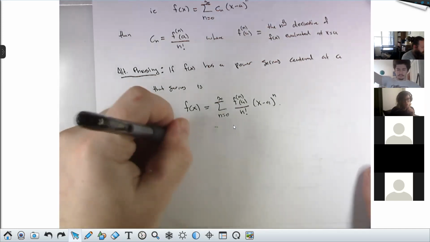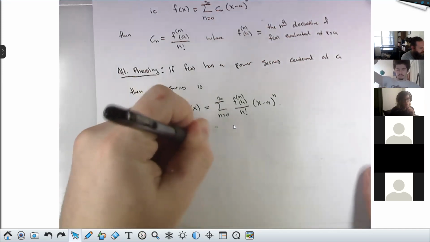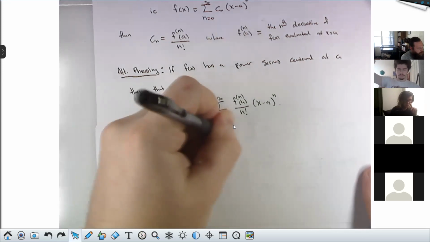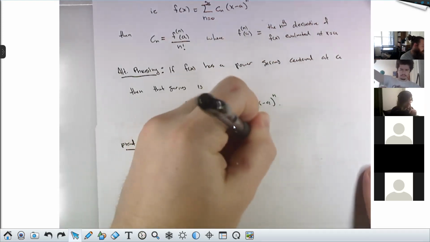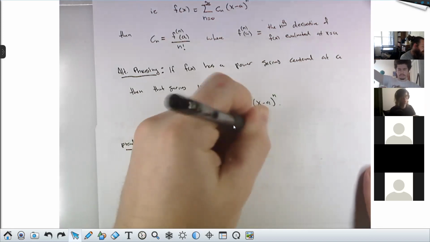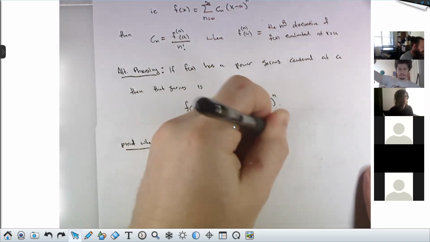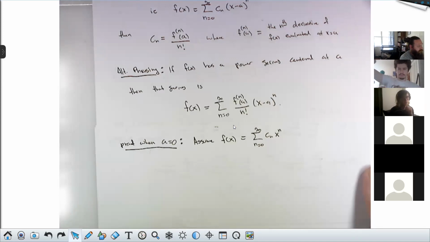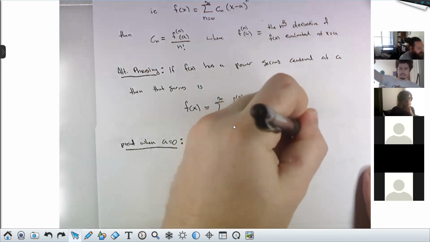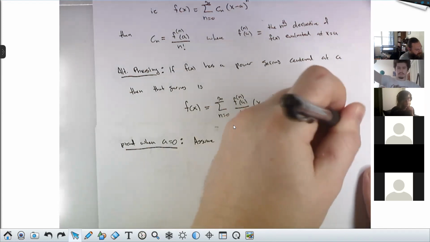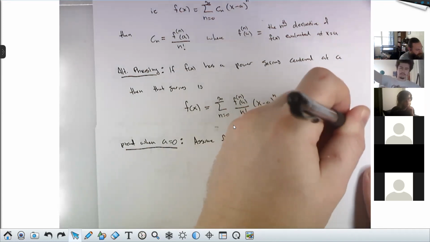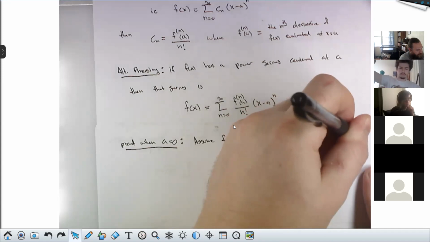We're going to assume f of x has a power series expansion centered at 0, sigma n from 0 to infinity, Cn times x to the n, and show that Cn is indeed the nth derivative of f evaluated at 0 over n factorial.